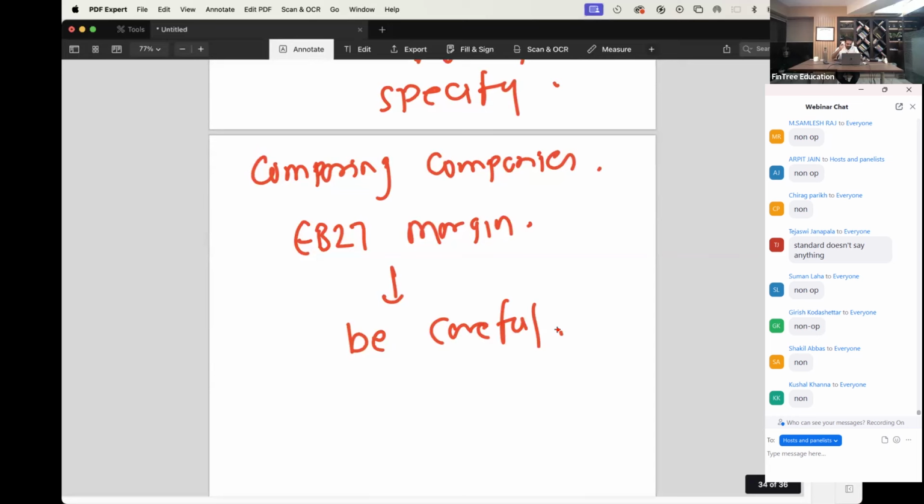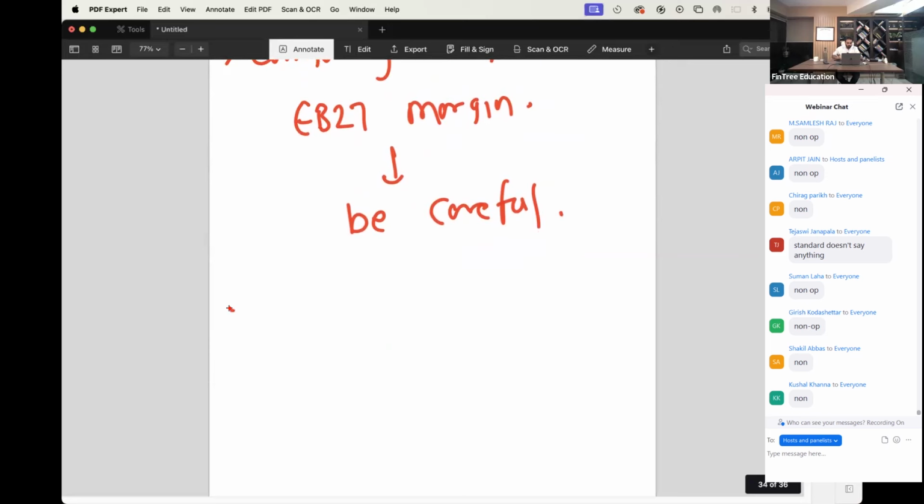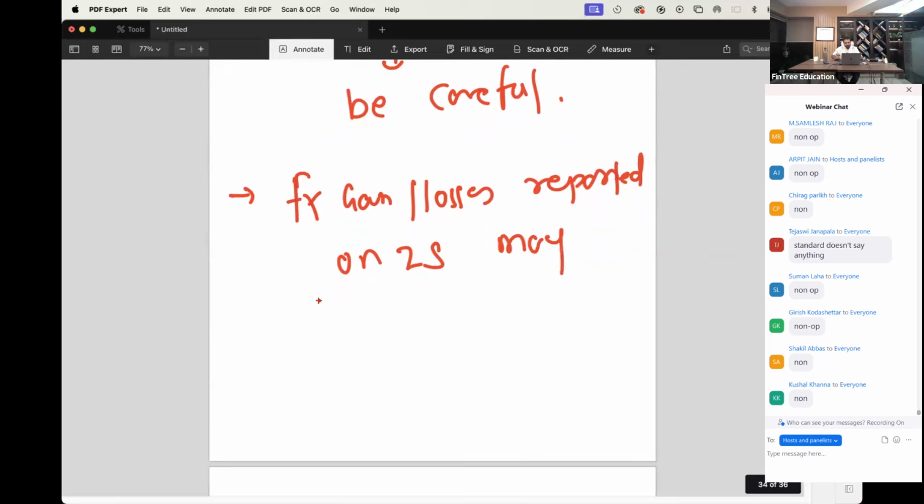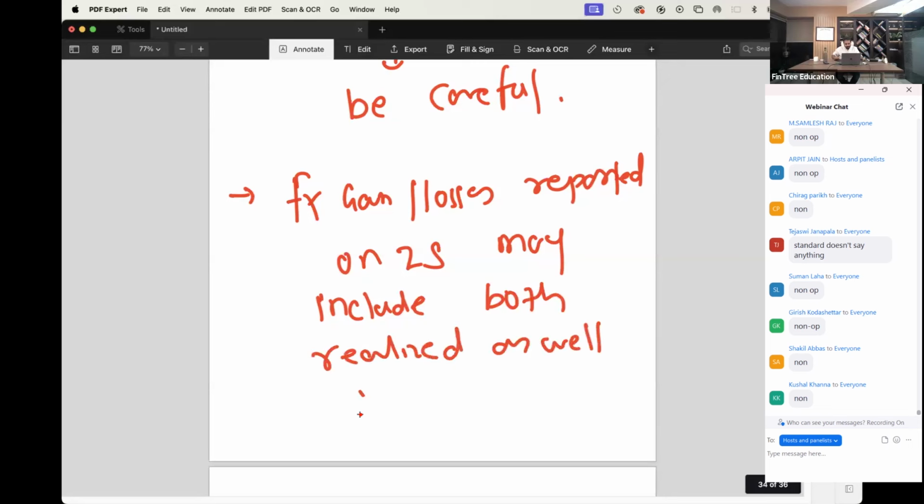Understood? Second, also be mindful that FX gains or losses reported on income statement may include both realized as well as unrealized gains and losses.